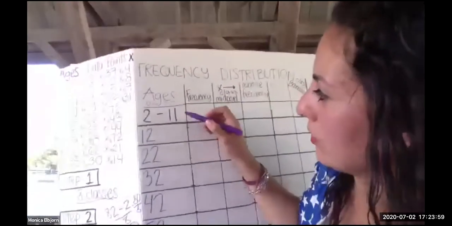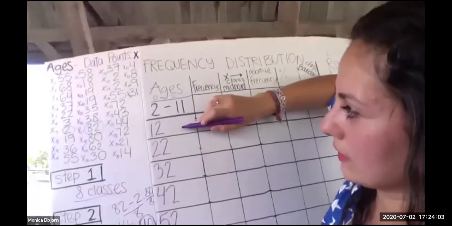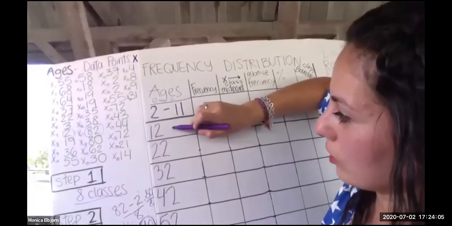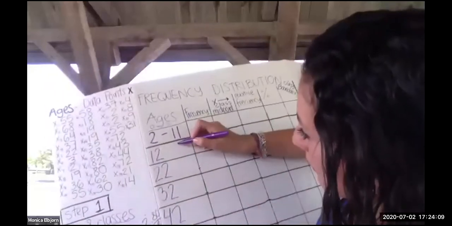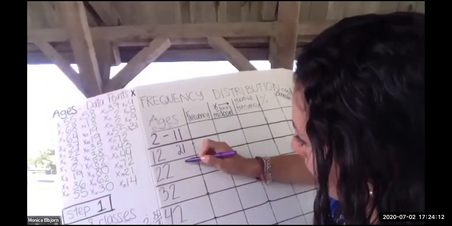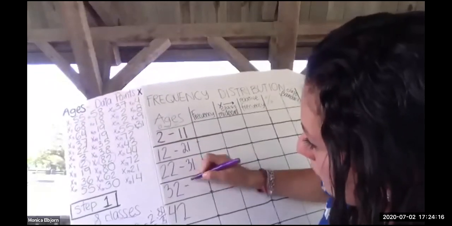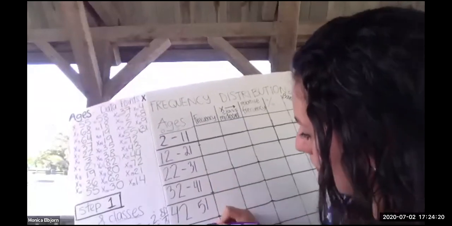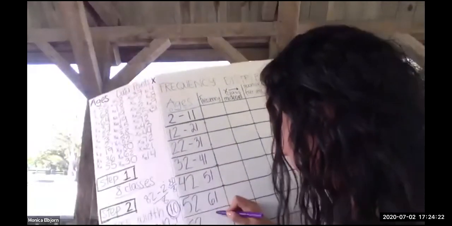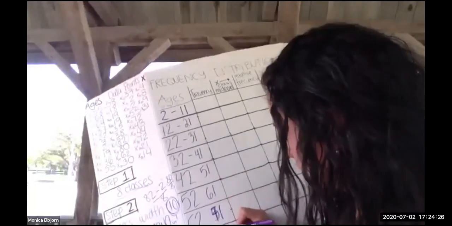Okay, so let's continue. A quick tip is also adding 10, so that my next number will be plus 10. 21, 31, 41, 51, 61, oh no, 71, 81, 91.